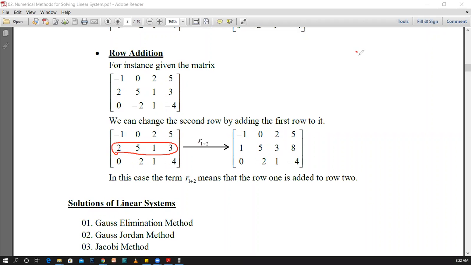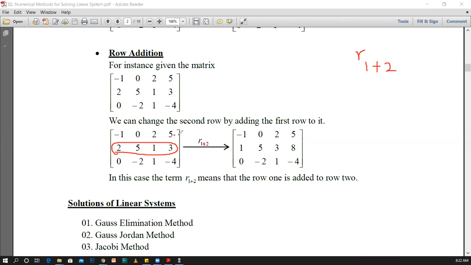It means that you can denote it as row 1 is added to row number 2. Therefore, the notation should be R1 plus 2. It means that row 1 has to be added to row number 2.